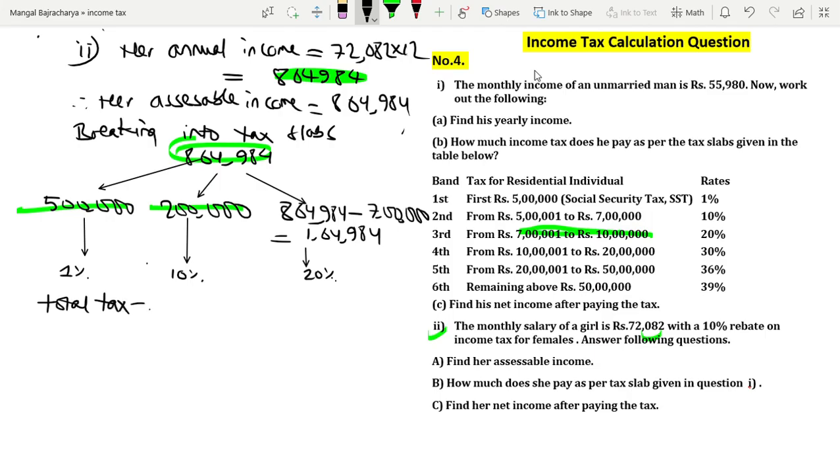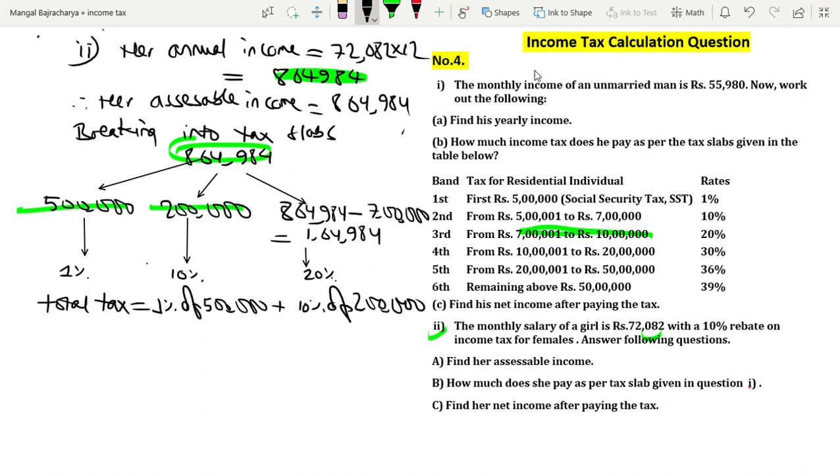So total tax equals 1% of 5 lakh plus 10% of 2 lakh, and by doing these tax calculations of 1% and 10%, tax up to 7 lakh is calculated.